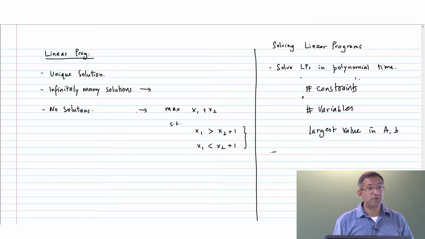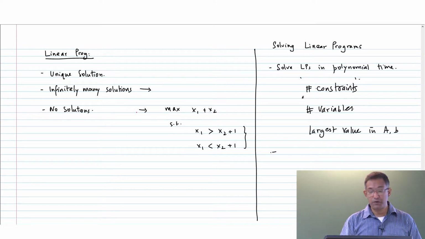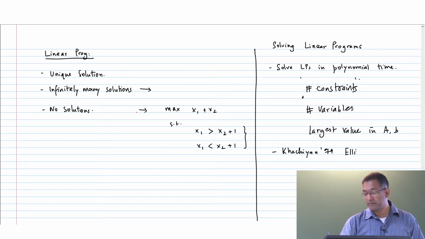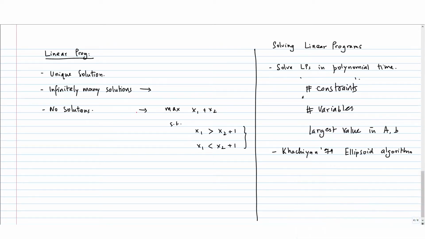It was a big open question whether linear programs can be solved in polynomial time, and Khachiyan, I think in around 79, gave what is called the ellipsoid algorithm. This was the first polynomial time algorithm, but this was impractical.